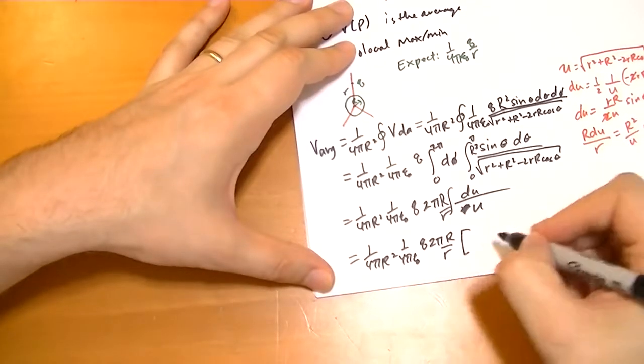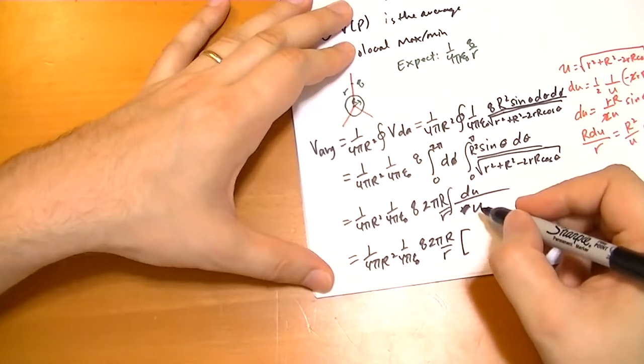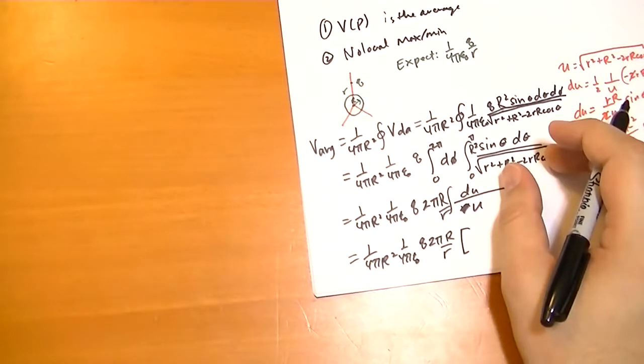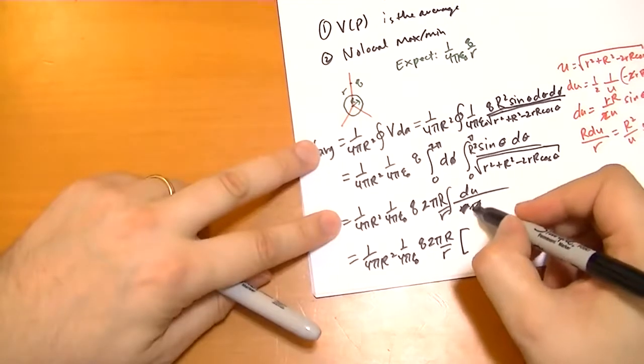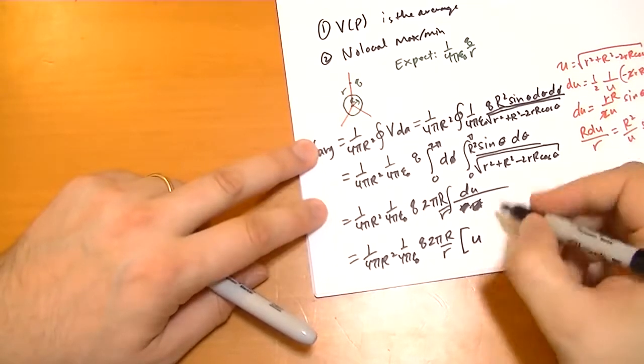And the integral of there is just, let's see, is it one? No. No, I don't have that u. It's just du. So it becomes u, evaluated.